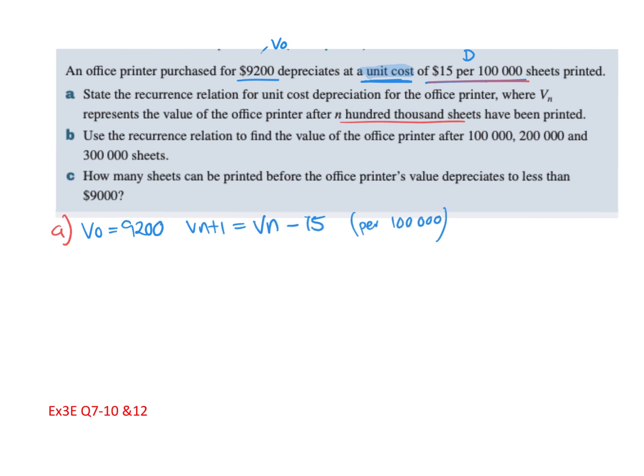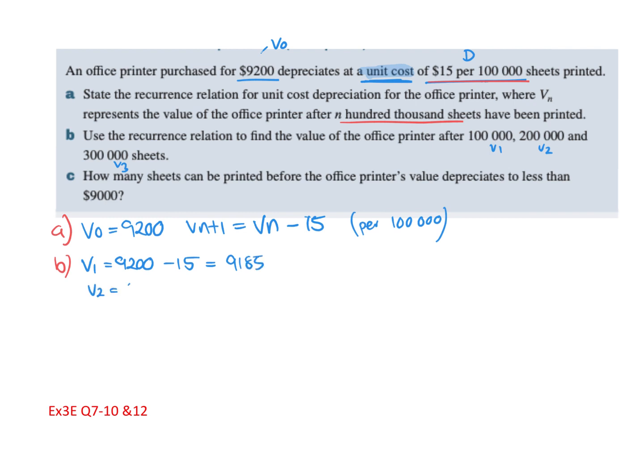So remember, that's per 100,000. Okay, so then it asks me in part B, using recurrence, find the value after 100,000, 200,000, 300,000. So this is like V1, V2, and V3. So V1 would equal 9,200 minus 15, which equals 9,185.